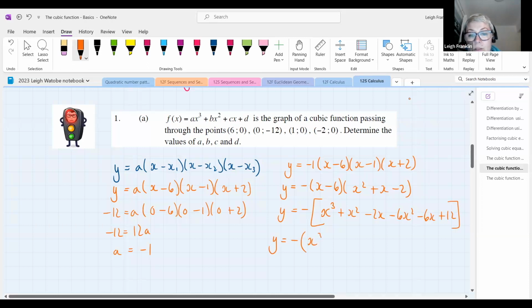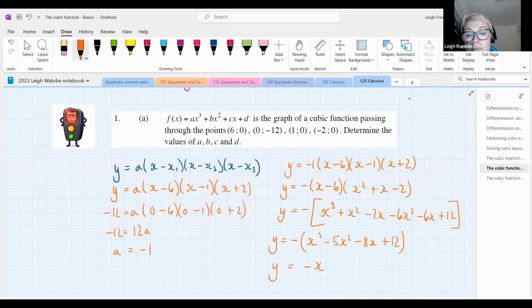That would be x cubed minus 5x squared minus 8x plus 12. And when we finally removed our brackets, we would get negative x cubed plus 5x squared plus 8x minus 12.